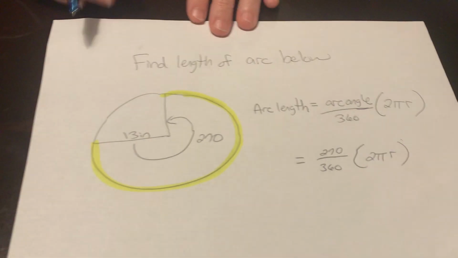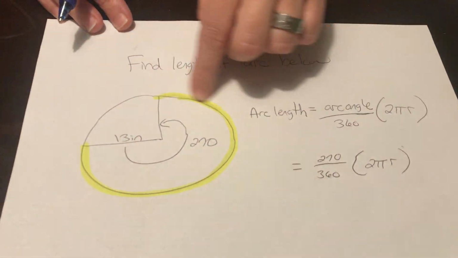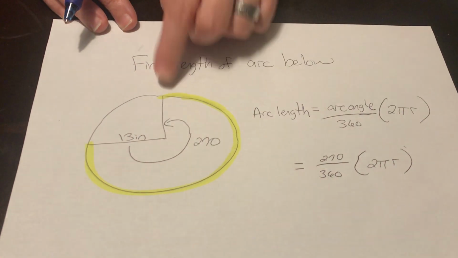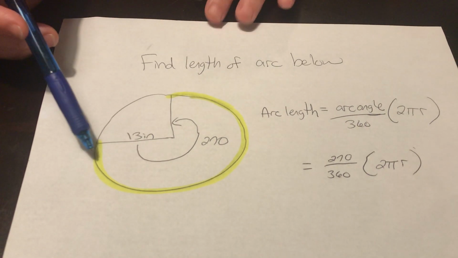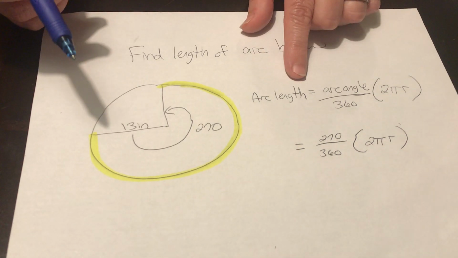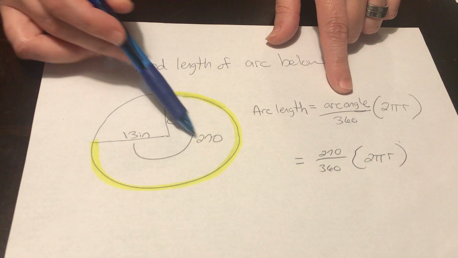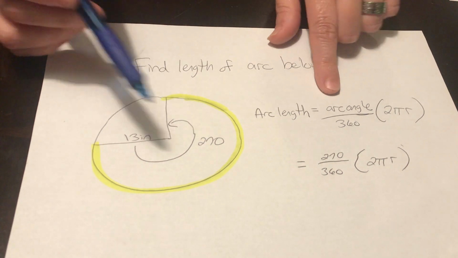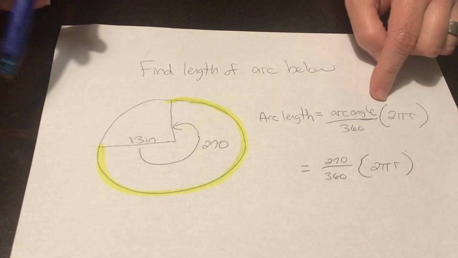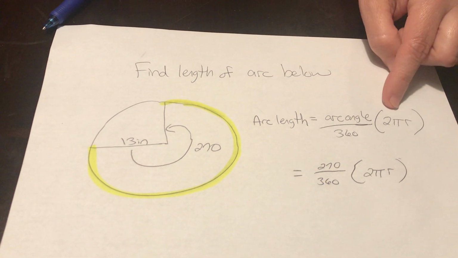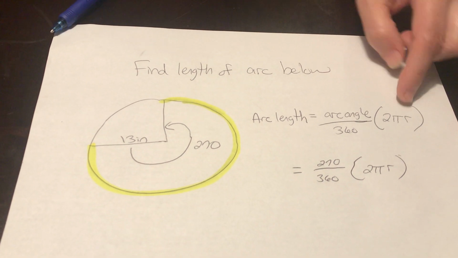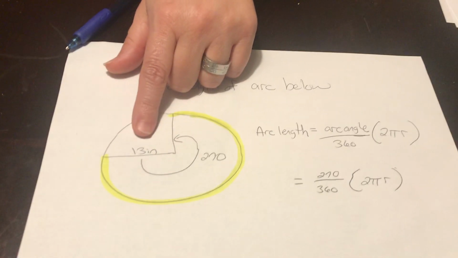All right, let's do one more example. If you get one that looks like this, they want to know the measure of the arc length, and they have it darkened. I have mine highlighted. Same procedure, same formula. The arc angle is 270 degrees, and they'll have that in there. Divided by 360 times 2 times pi times r. In this case, your radius is 13.